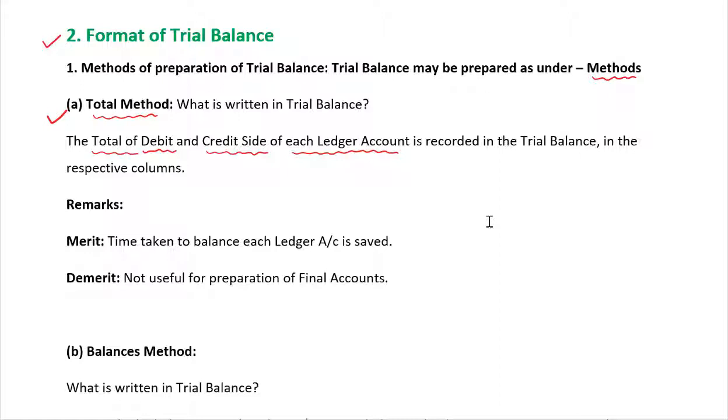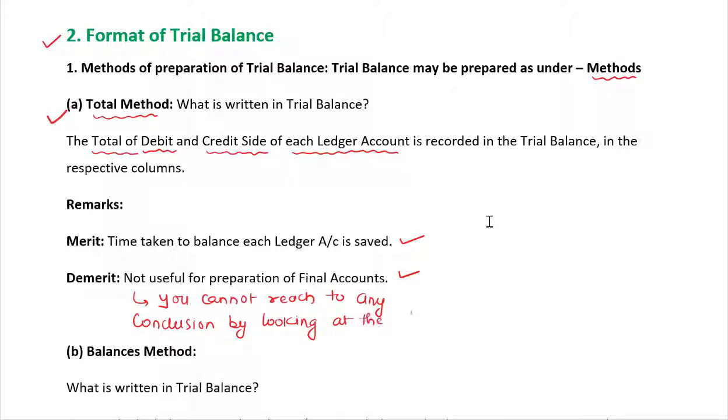The time taken to balance each ledger is saved, but it is not useful for preparation of final accounts, because you can't conclude anything by looking at the totals of any account.